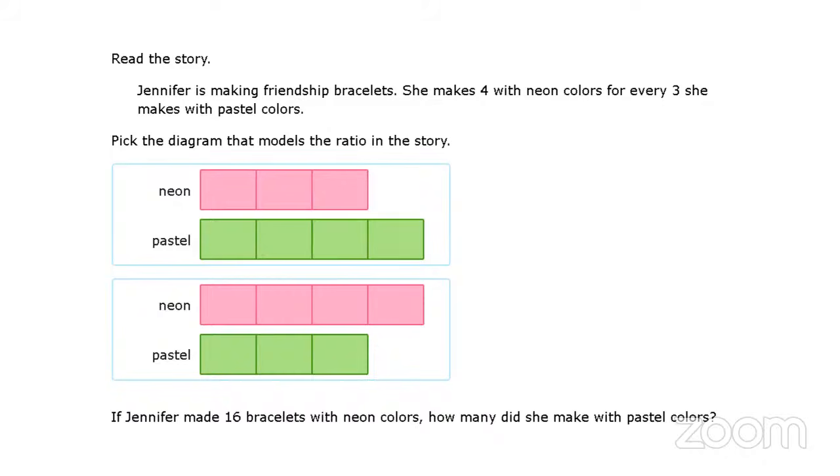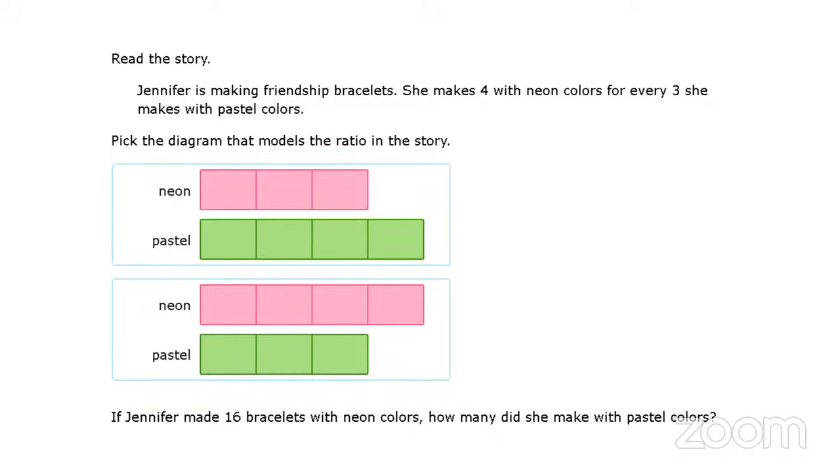exploring these items. So let's look at this one. Now, she makes 4 neon colors for every 3 pastel colors, which of these, diagram 1 or diagram 2, represents it? So I just want to see in the chat diagram 1, diagram 2, A, B, and I will know exactly what you're saying.